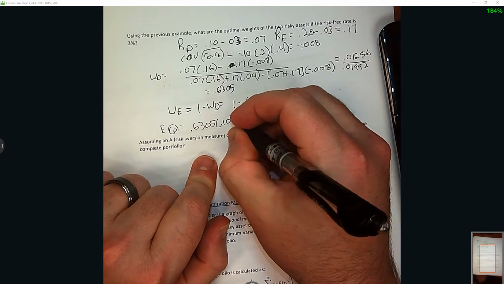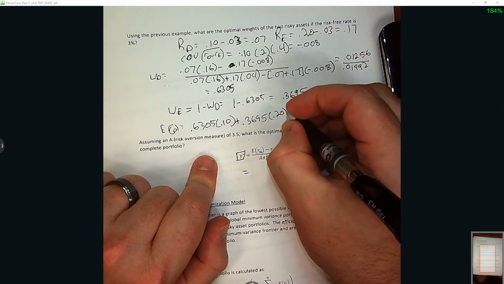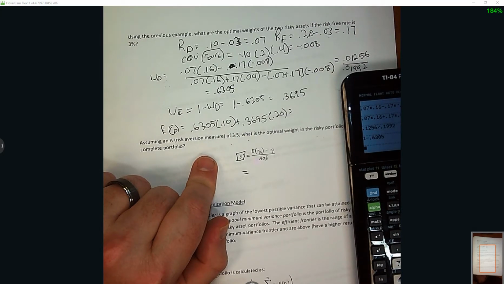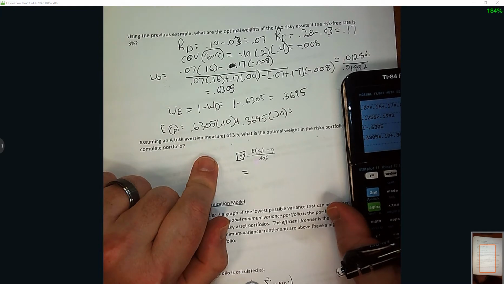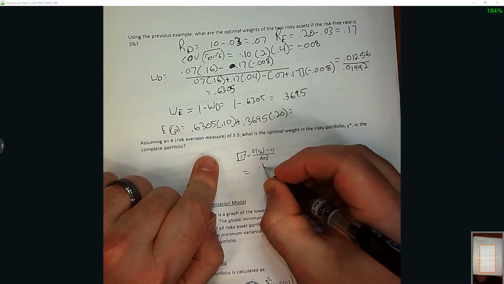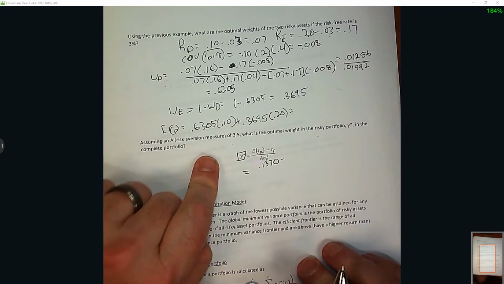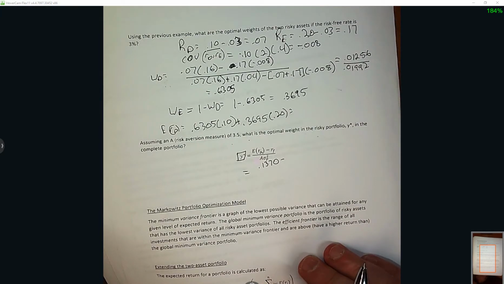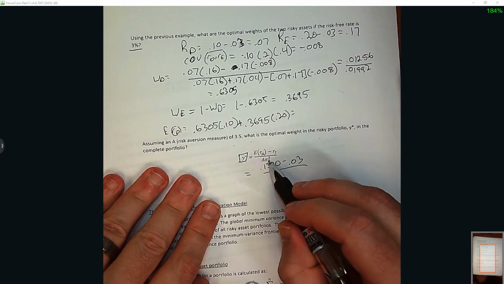On the previous page is 0.10, plus 0.3695, the weight of equity, multiplied by 0.20, gives us an expected return of 13.69, or 13.70%. 0.1370 minus our risk-free rate. Our risk-free rate is 3%, minus 0.03.